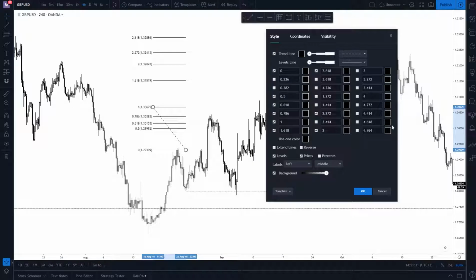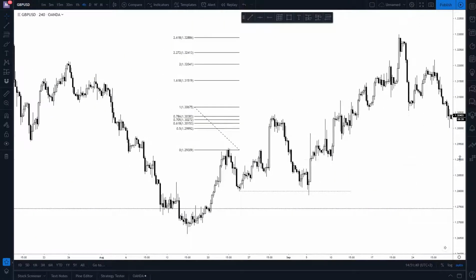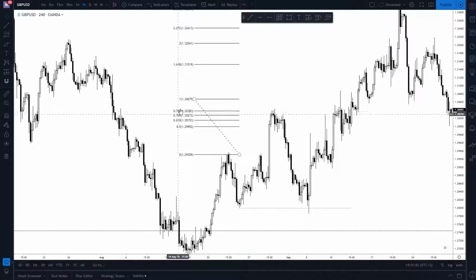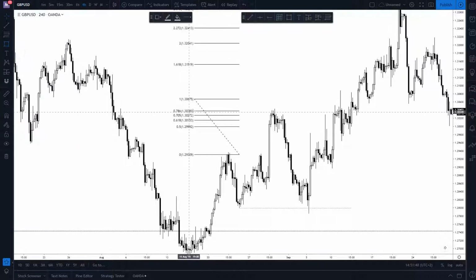Also the last value I'm using is 0.75. This is kind of a midpoint between the 0.618 and 0.786, and you will find a lot of trading opportunities in this sort of midpoint.